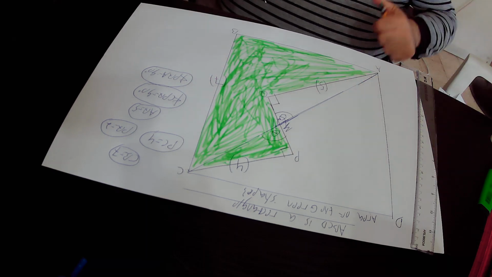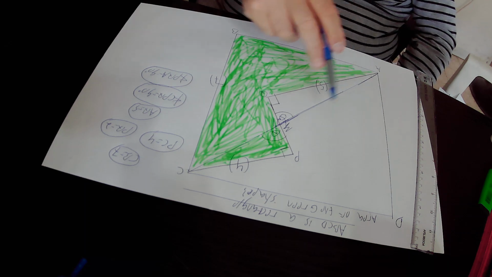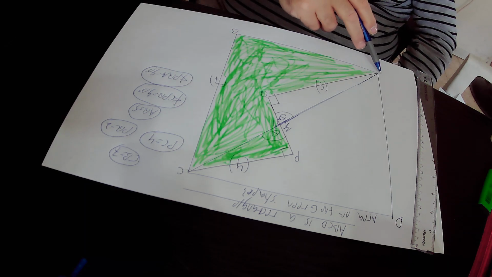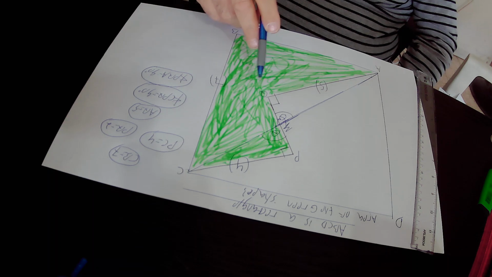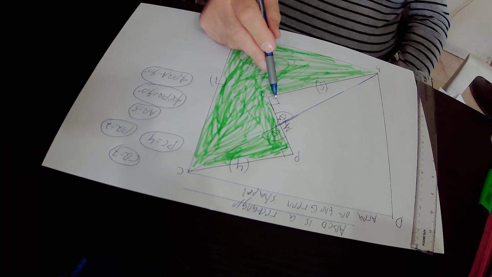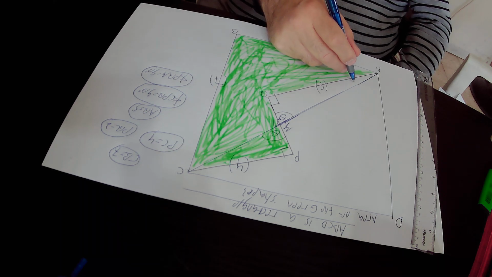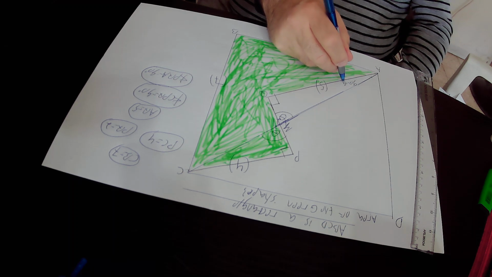In the next step, we'll focus on this right triangle AMQ. In this right triangle AMQ, this angle equals theta. This angle equals 90 degrees. Therefore, this missing angle must be equal to 90 degrees minus theta. Why?